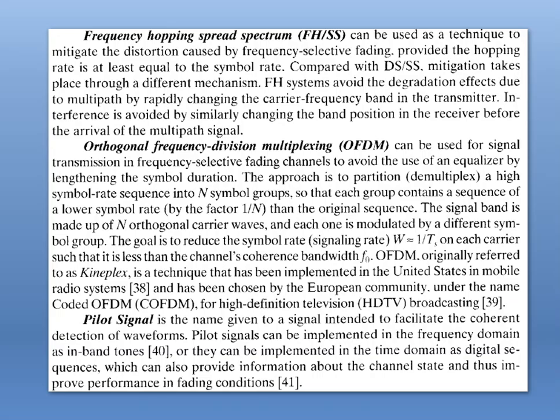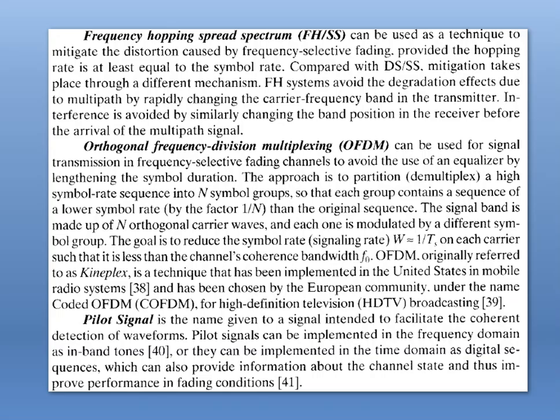OFDM can be used for signal transmission in frequency selective fading to avoid an equalizer by lengthening the symbol duration. The approach is to partition a higher symbol rate sequence into N symbol groups, so that each group contains a sequence with a lower symbol rate by a factor of 1/N than the original sequence.